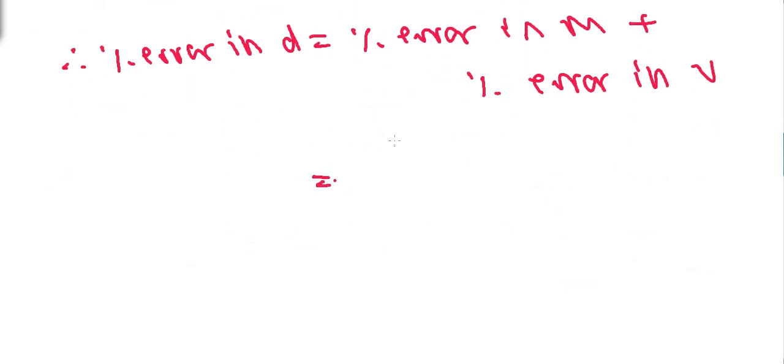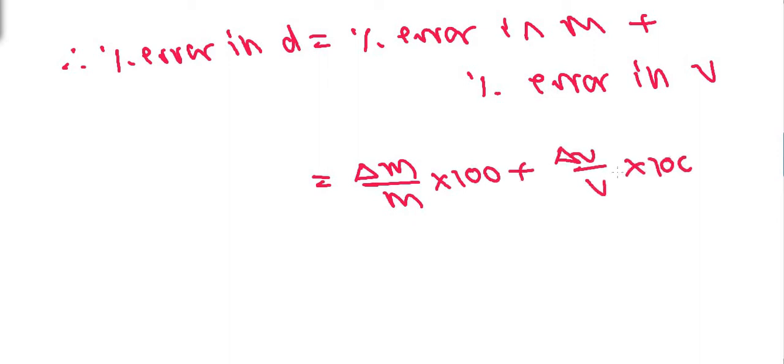That is equal to, now what is percentage error in mass? Relative error multiplied by 100. So delta m upon m into 100 plus delta v upon v multiplied by 100.